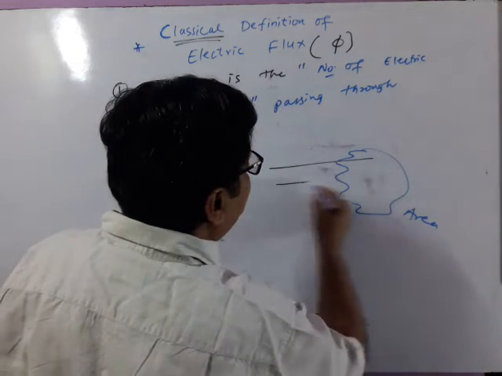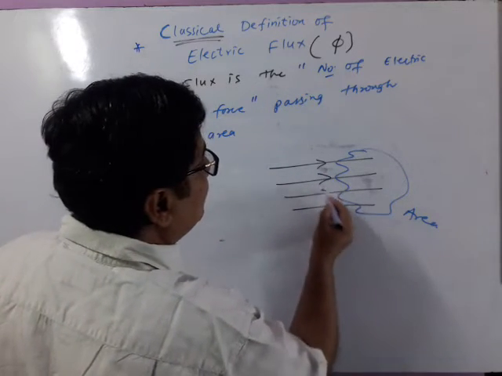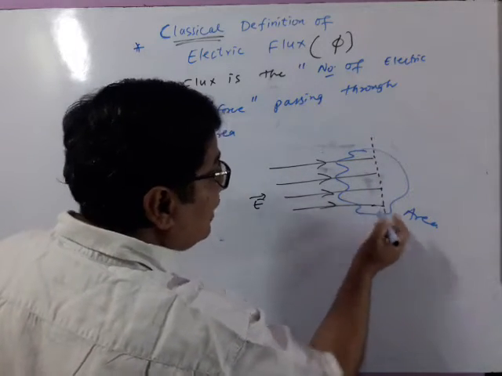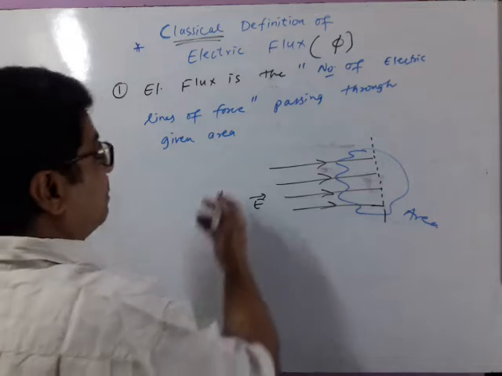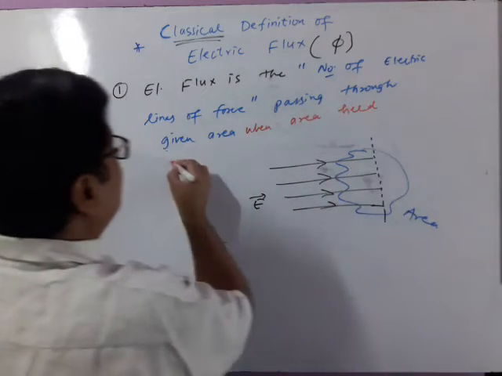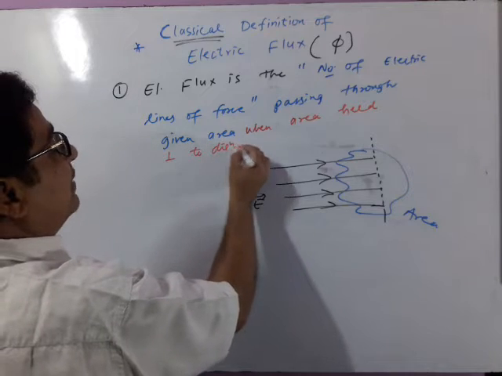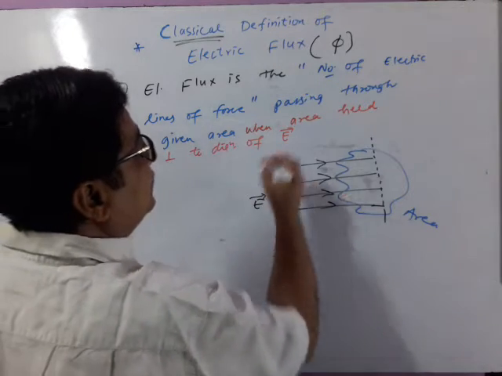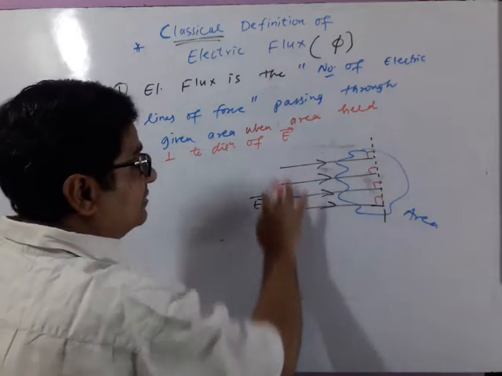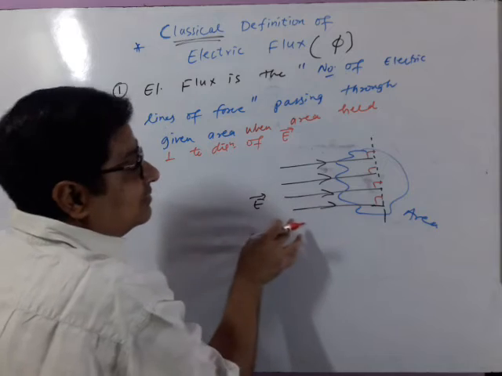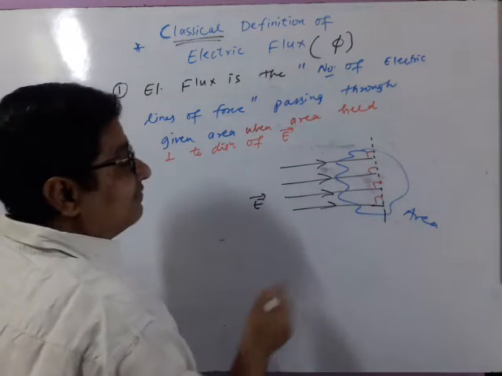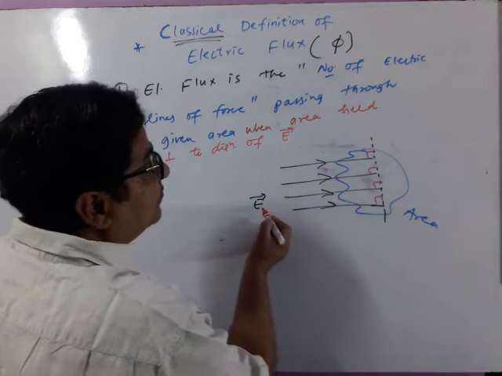How many electric field lines pass through this area, under the condition when the area is held perpendicular to the direction of the electric field? See, how many lines pass through this given area when this area is perpendicular to the electric field direction.